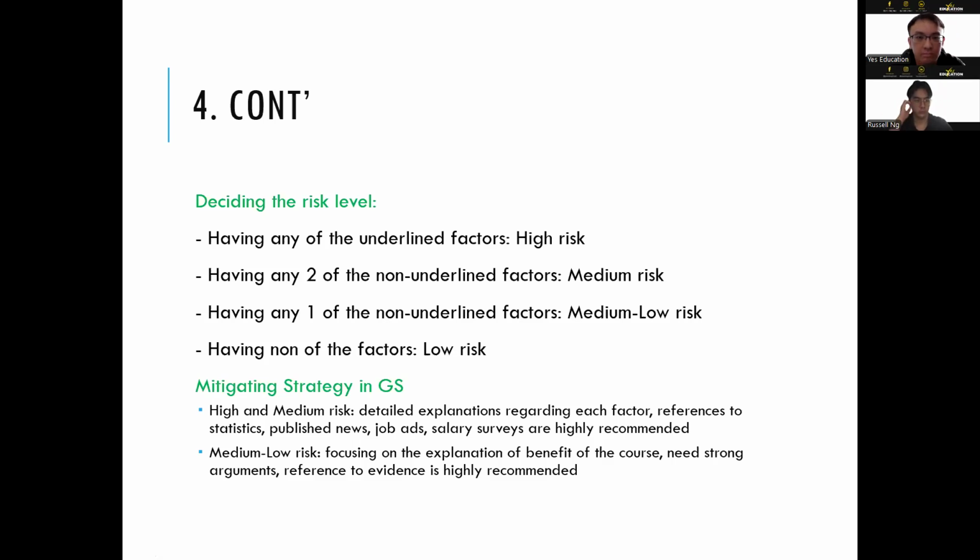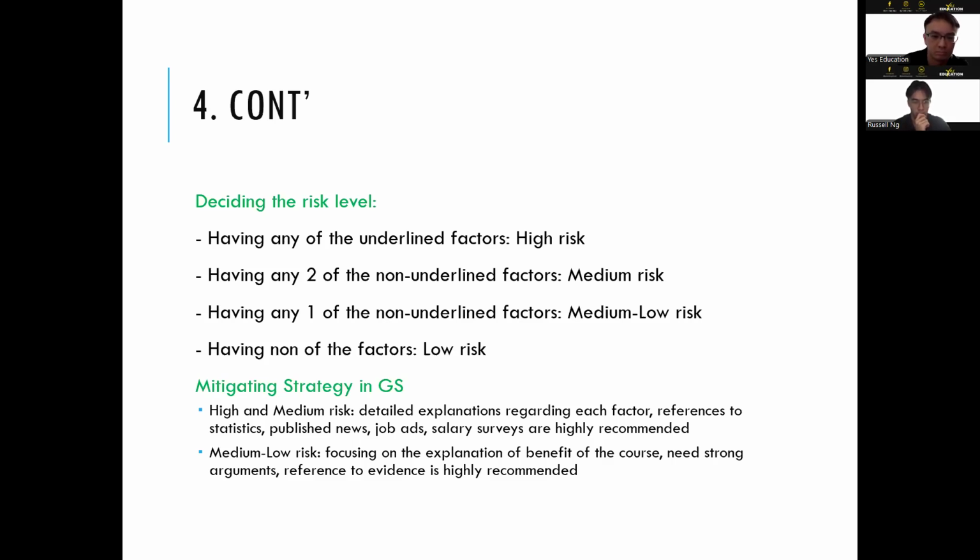And if a student has none of the factors above, it's a low risk. So the low risk student is the immigration department's ideal profile of a higher education applicant. So you can use that as a benchmark, add on those risk factors.